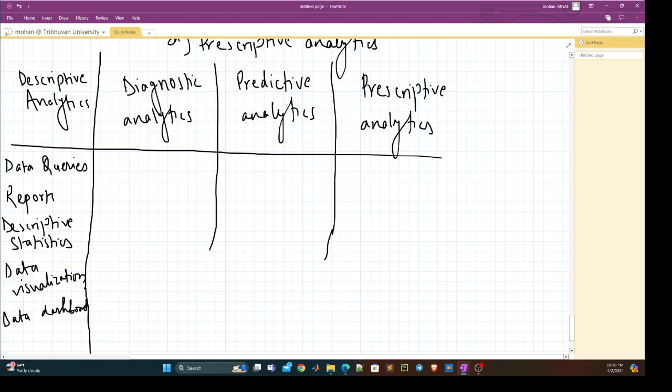Whereas for diagnostic analytics we will use some famous mechanisms known as data discovery, and the second one is data mining, and the third one is correlations.